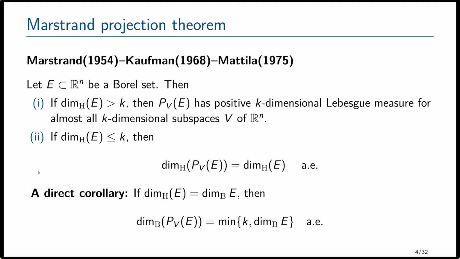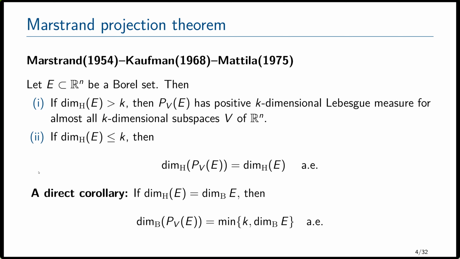It is trivial because the lower box dimension is greater than the Hausdorff dimension. So the lower box dimension of the projection set is greater than its Hausdorff dimension, and since a projection is Lipschitz, it is less than the original box dimension, and then it is equal to the Hausdorff dimension. So we get the equation.